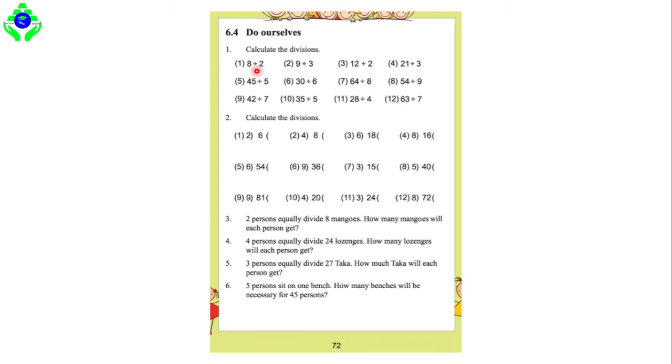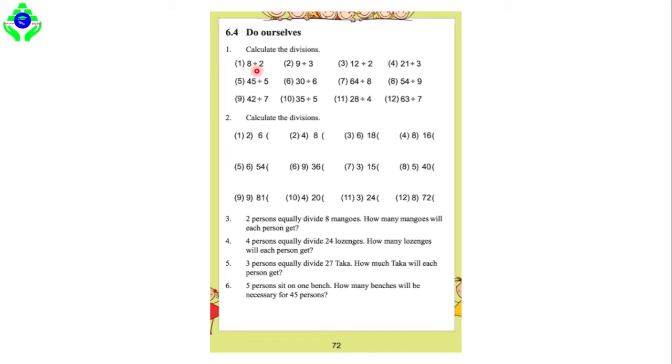In my earlier lectures I mentioned that whenever we add two numbers, the total will increase. Whenever we subtract between two numbers, the total will decrease. Similarly, whenever we multiply two numbers, the total will increase, but whenever we divide a number, the total will decrease.